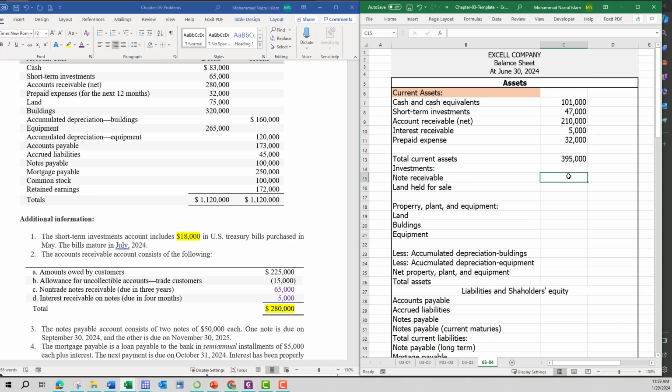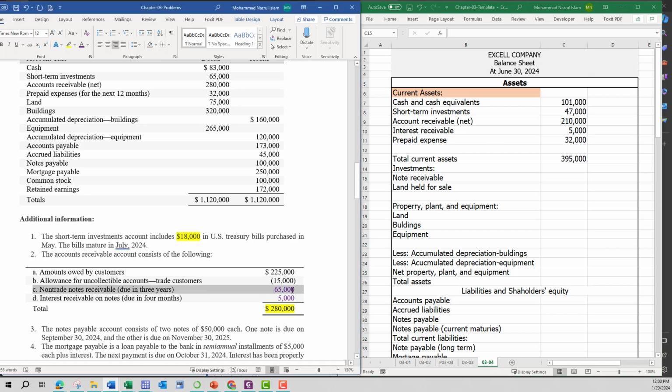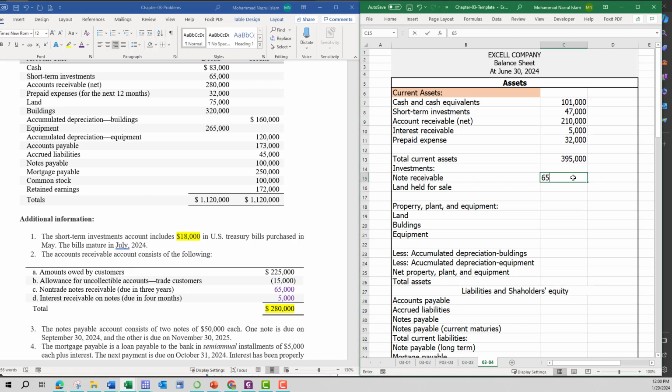Now investments. The notes receivable, due in 3 years, is 65,000, right?